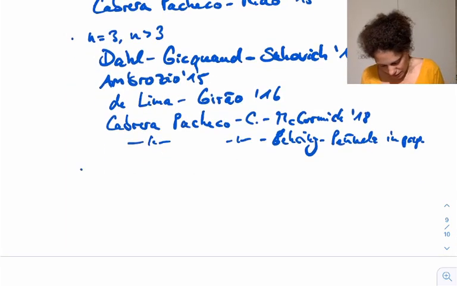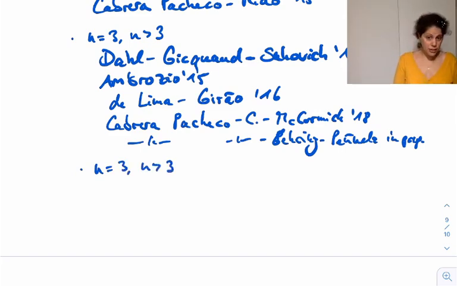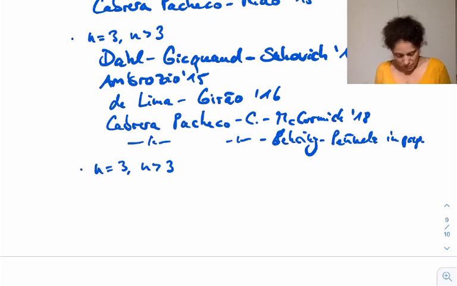And also for n equals 3 and n bigger than 3, it would be interesting to study the electrically charged situation, which is relevant for the physics of electrically charged black holes and manifolds.